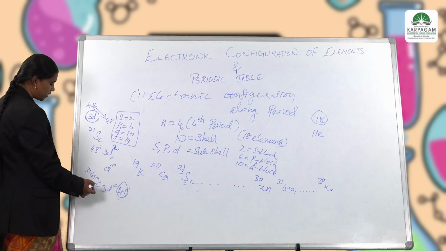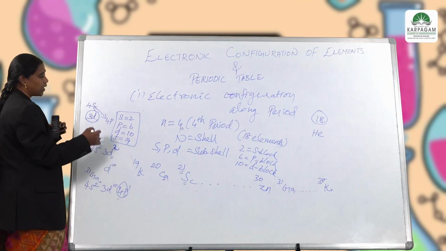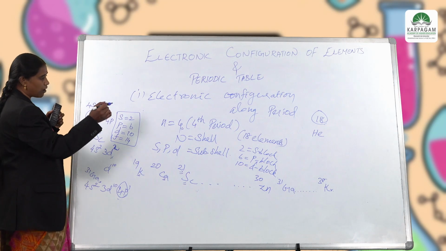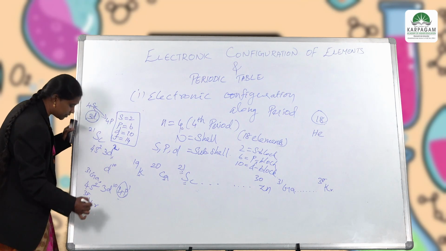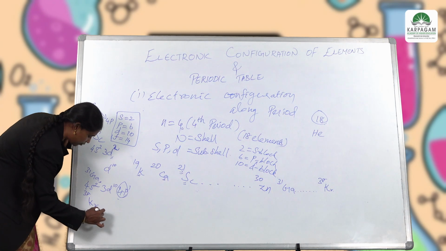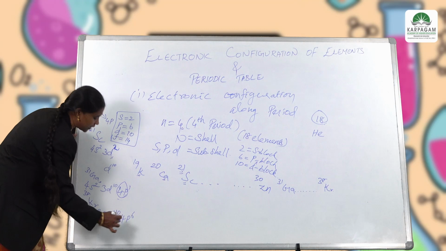That's why the elements from gallium to krypton come under the p block. The last element, krypton, has atomic number 36. Its electronic configuration is 4s2, 3d10 and 4p6.